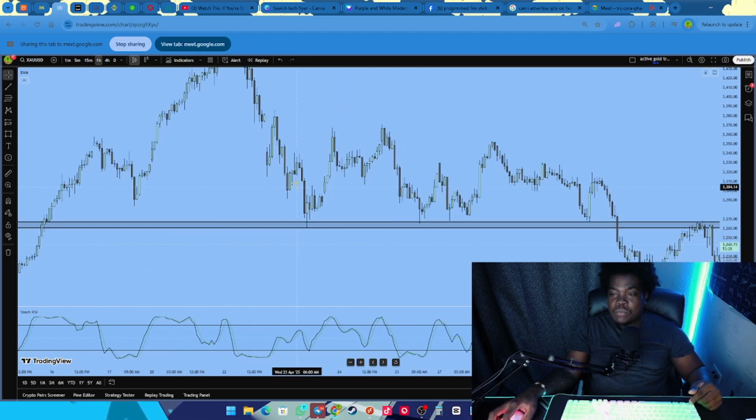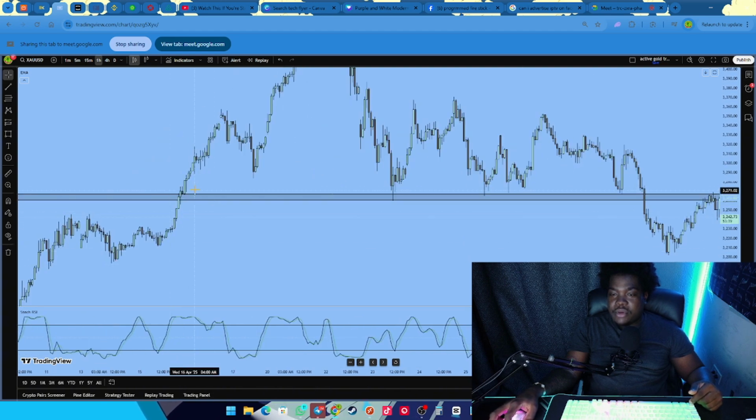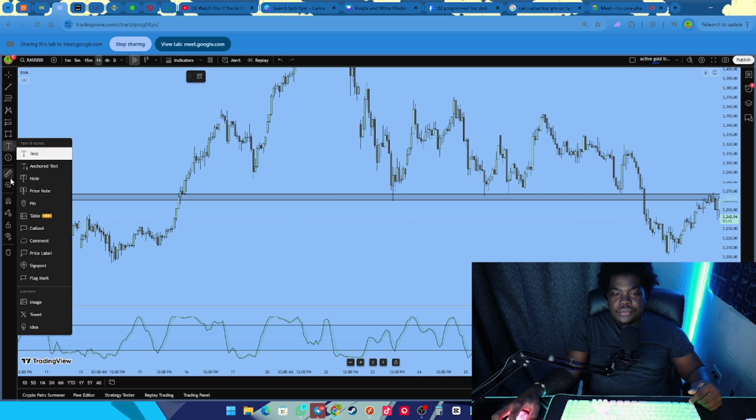Let me use this as an example. The market sold, turned around from here, here, here, here, and here. In two particular instances, the market broke the zone, and we can clearly see when the market broke the zones in these two areas.